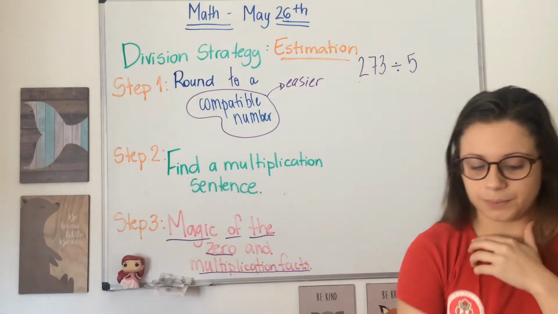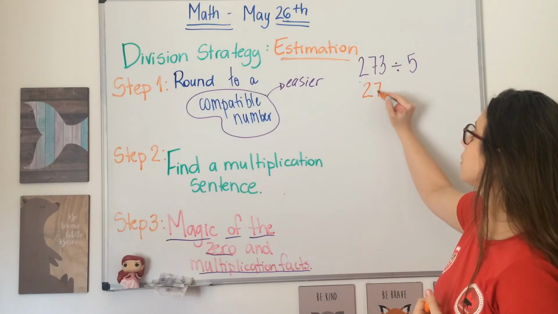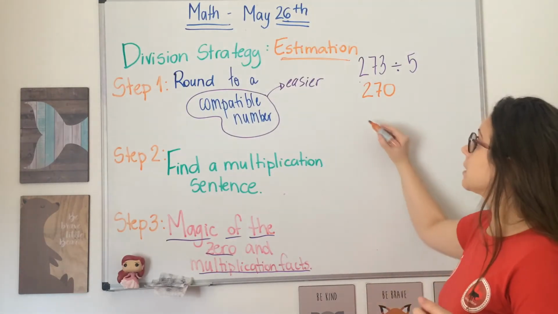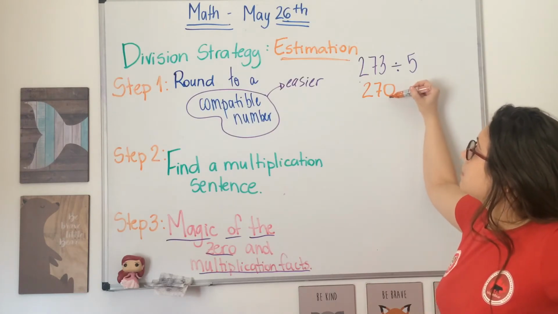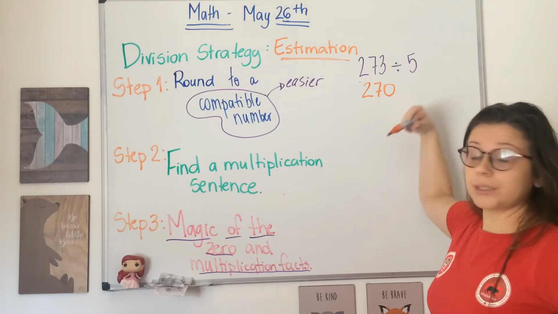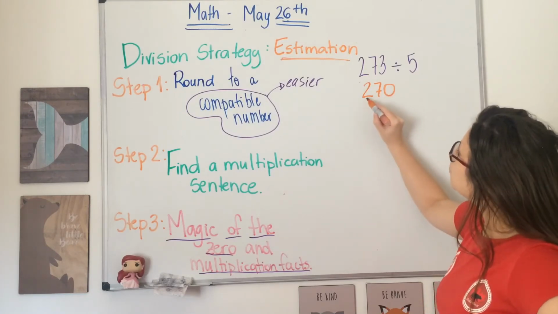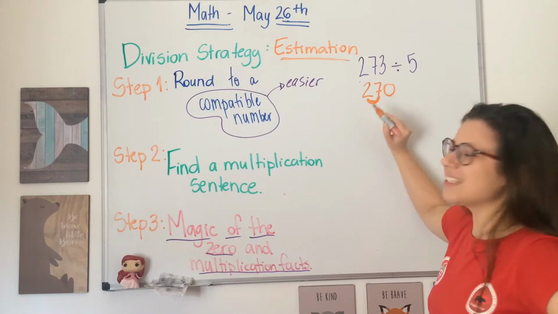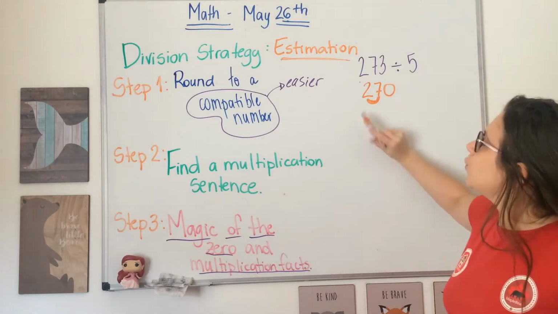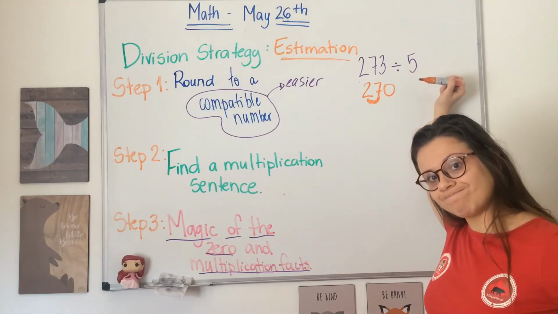So for example, I could go to 270 because I know I would have the zero in my factor because of the multiplication, the magic of the zero. But 27 is not an easy number to divide by 5. 27 is not a multiple of 5.